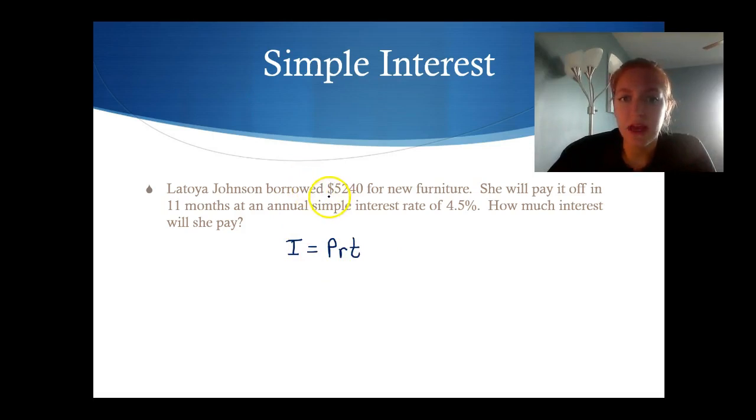So the first item is $5,240, first number. Now we have to decide, what is that? Well, that's how much she's taking out for the loan, so that'll be her principal. So I know that's going to be $5,240. And then let's see, what's the next? 11 months.